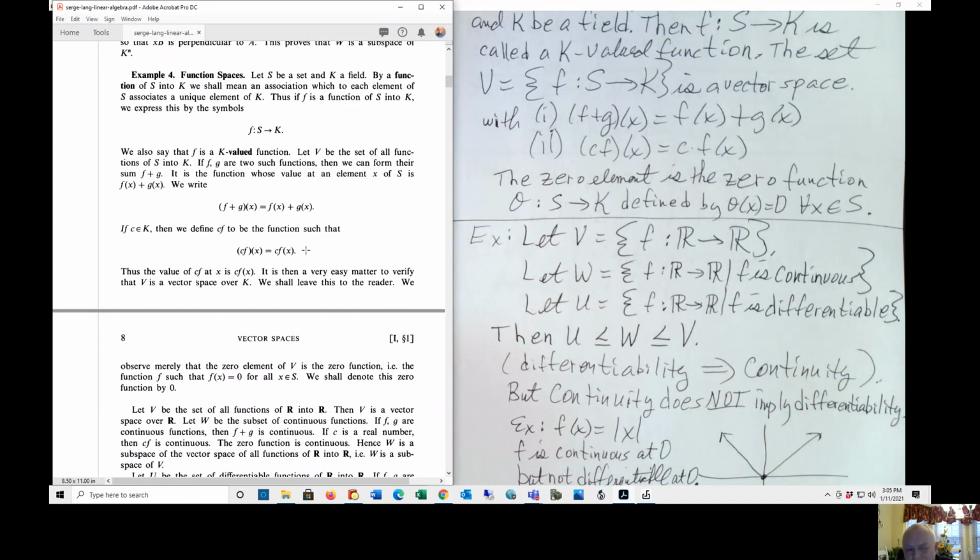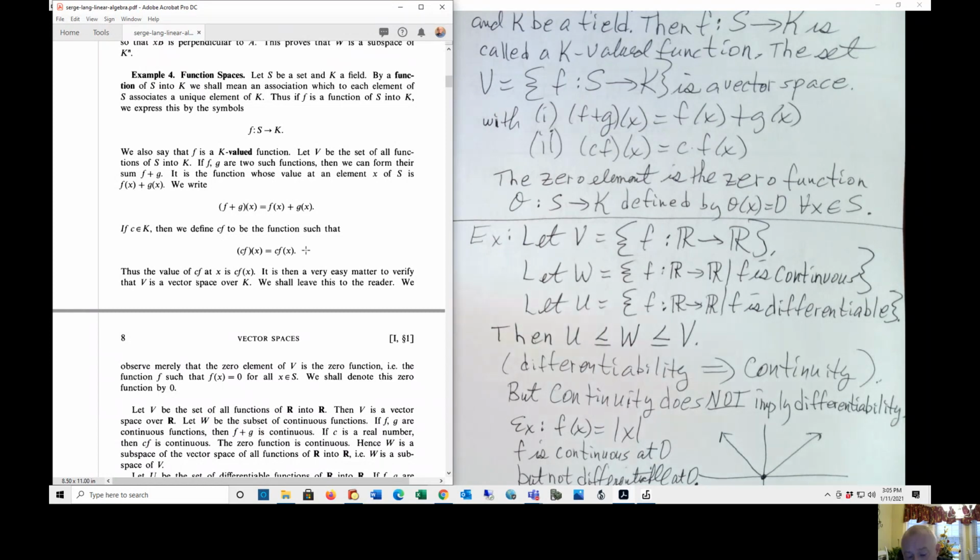Now, let f and g be any two arbitrary functions, okay? Then we know how we add two functions together and how we multiply a function by a scalar. How do we add two functions, f plus g? Well, it's going to have to be done component-wise, as we see here in our lesson.